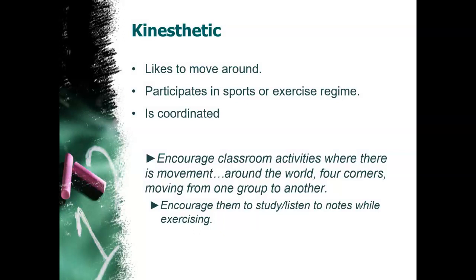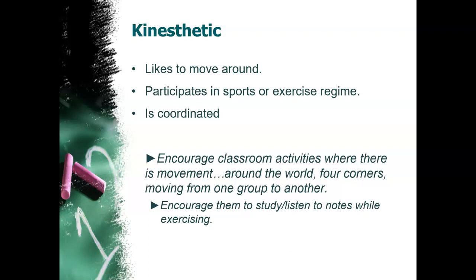A kinesthetic learner likes to move around. In studies of elementary school children, it's been found that boys are more kinesthetic than girls are. And that's one reason why boys have more difficulty in elementary school, because it's really not designed for kinesthetic learners. So these learners like to move around. They usually participate in sports or exercise, and they're more coordinated than other people.